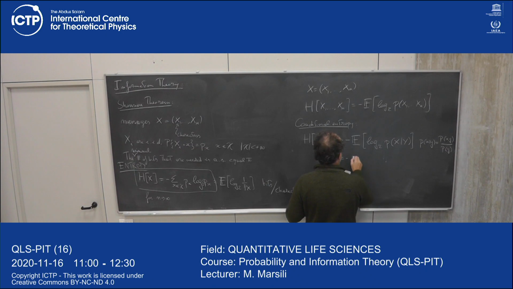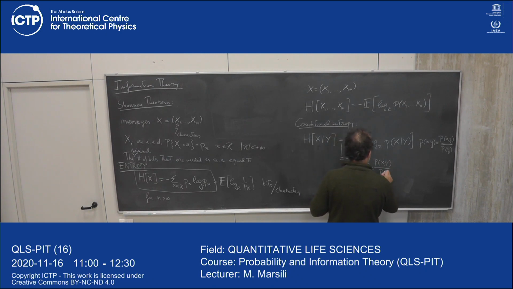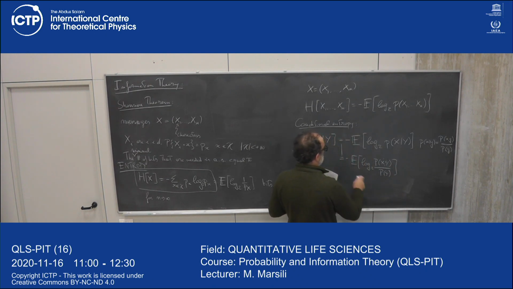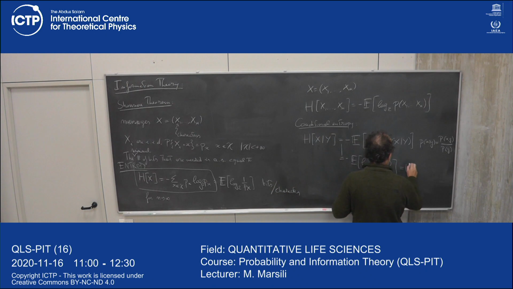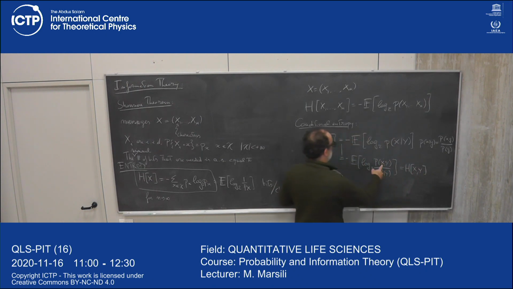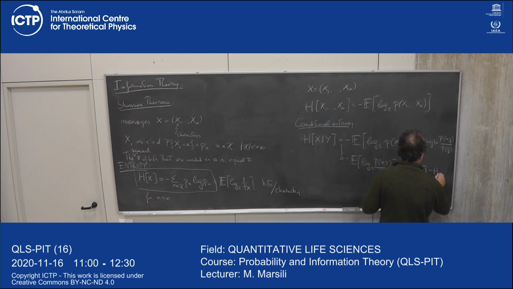And this is minus the expected value of log base 2 of p of x, y, divided by p of y. So you see right away that this gives you the entropy of x and y minus the entropy of y.